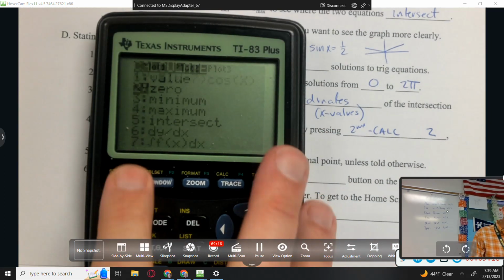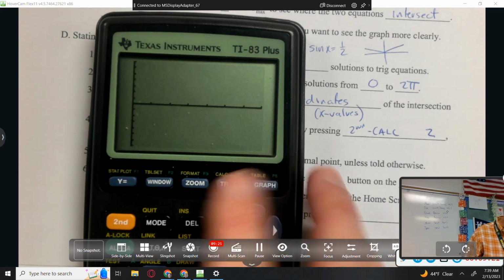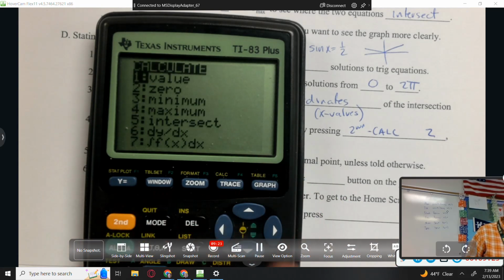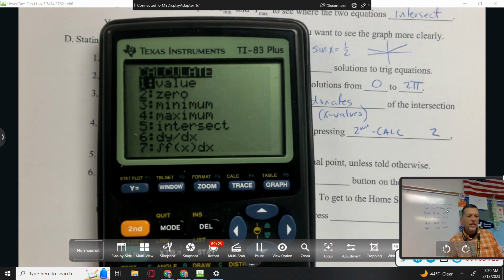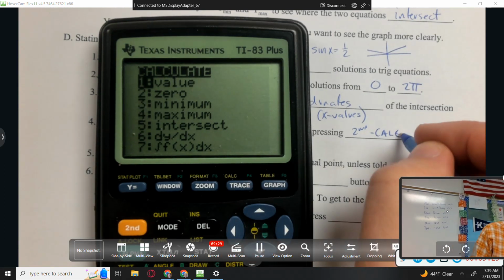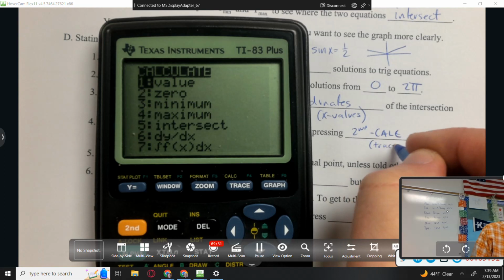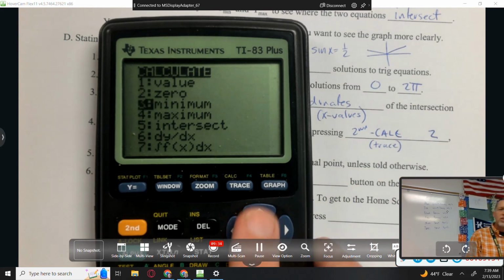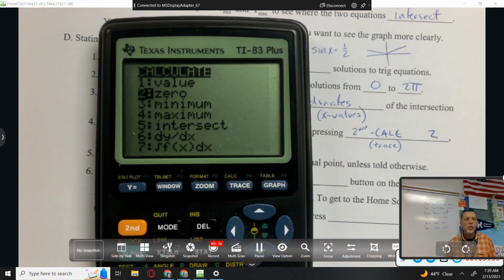So if you've got a calculator, you don't really even need anything to define this. Second calc, or second trace, and then the second option is zero. So you'd be looking for where the zeros are.